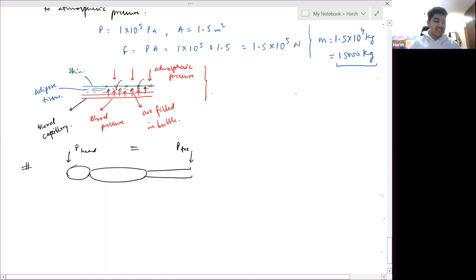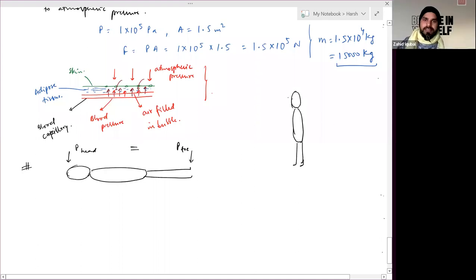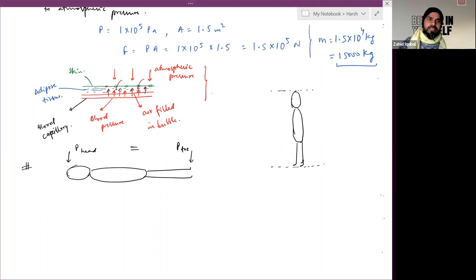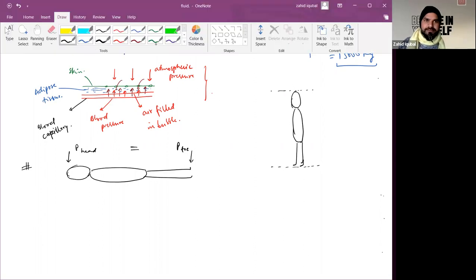It's equal. But in vertical position, it will be different. If you have to calculate the pressure at head and the pressure at toe or feet, will they be equal or different? It will be different, sir.